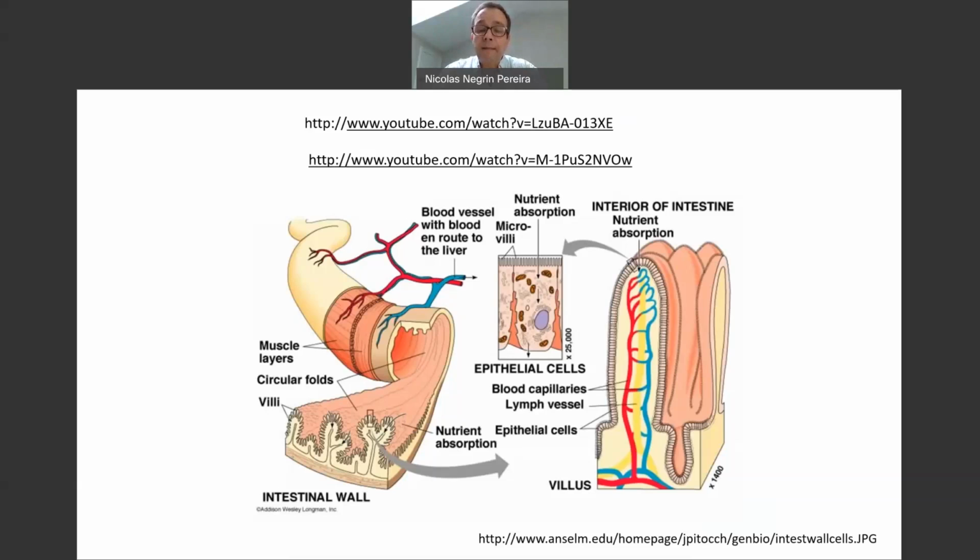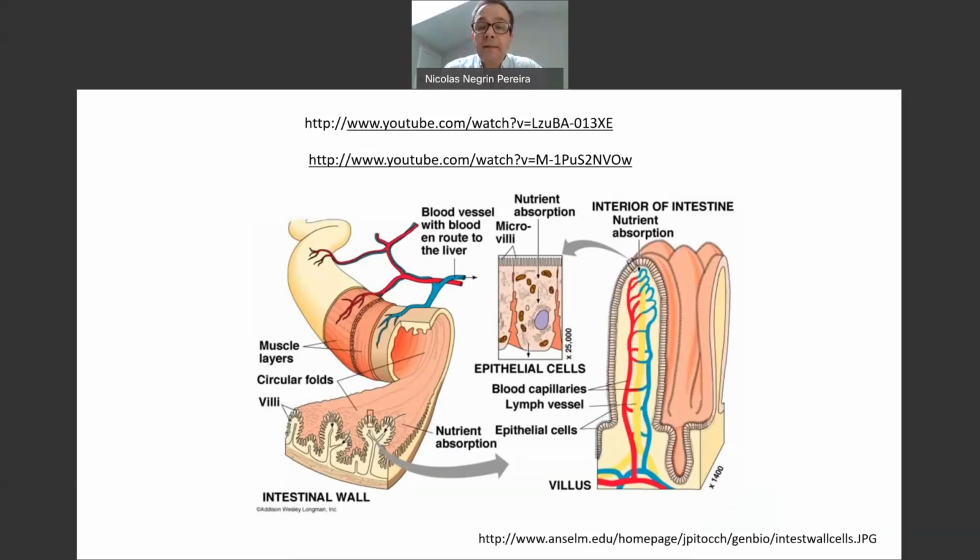But then the intestine has a special structure. They are sometimes described as finger-like structures lining the intestine, lining the organ, which are called the villus.